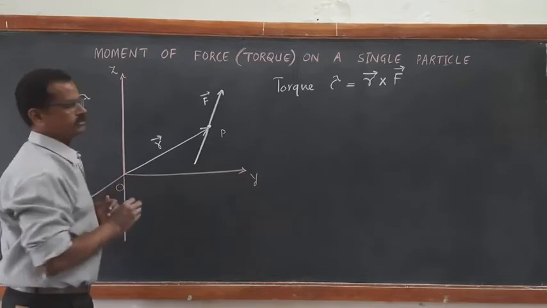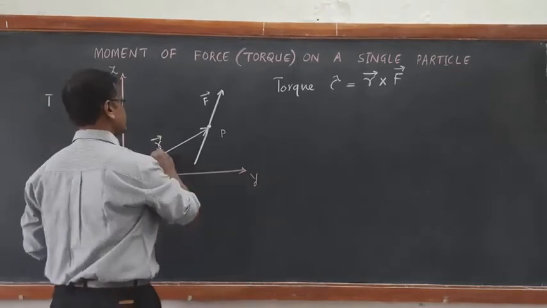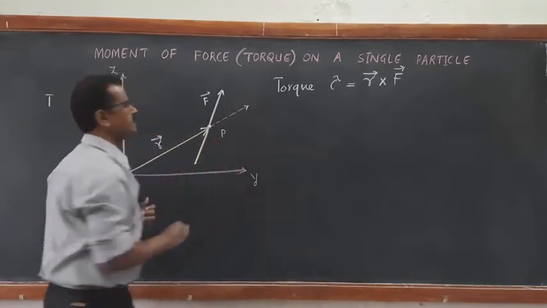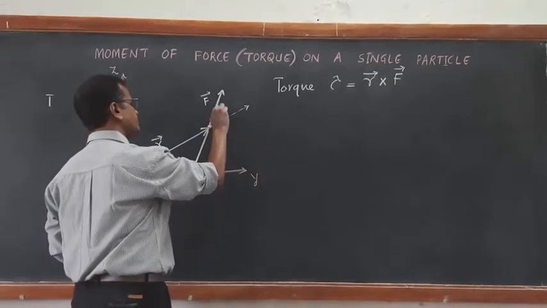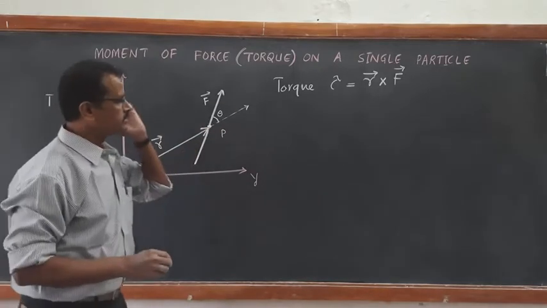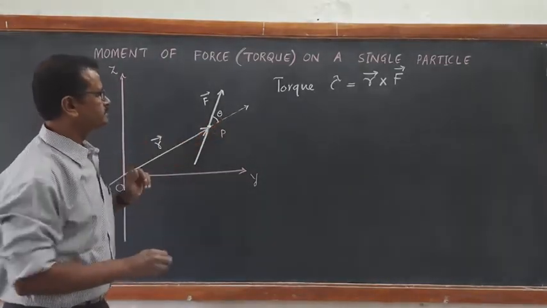Now, how to find this from the diagram geometrically? Extend this R. When you extend this R, this becomes the direction of position vector, and this is the angle between force vector and R vector. So the angle between force vector and R vector is theta.